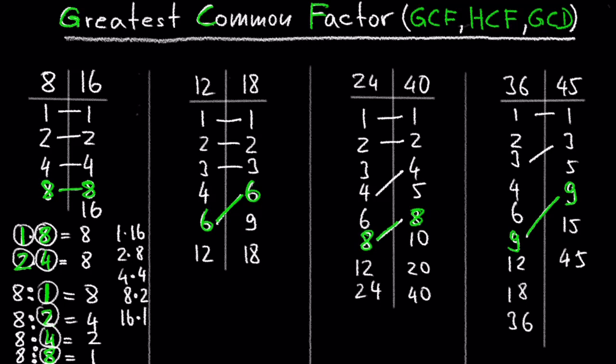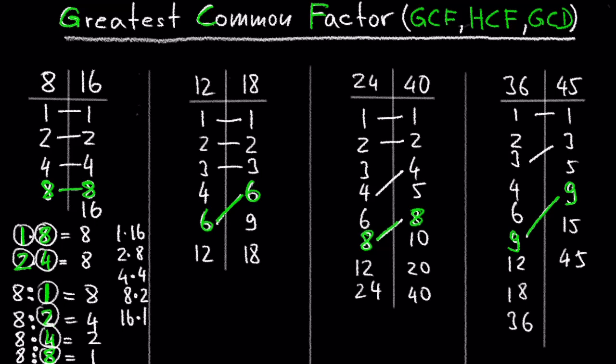Let's do a quick recap. The answer to the question which numbers multiply to the original numbers, or the question which numbers divide evenly into the original numbers, gives you the factors of the original numbers. Write these factors in a list. Then the second step is to mark all common factors in your list.